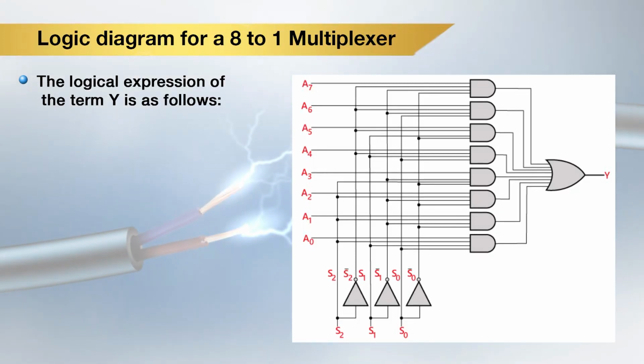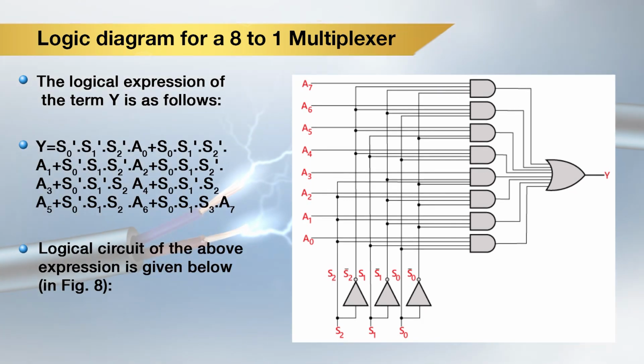So, the logic expression for Y is given as S0 bar S1 bar S2 bar A0, plus S0 S1 bar S2 bar A1, plus S0 bar S1 S2 bar A2, plus S0 S1 S2 bar A3, plus S0 bar S1 bar S2 A4, plus S0 S1 bar S2 A5, plus S0 bar S1 S2 A6, plus S0 S1 S2 A7.